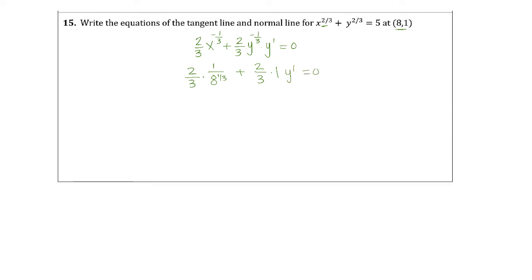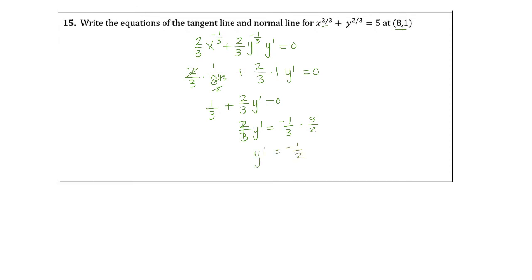So 8 to the 1/3 is 2, and that 2 cancels over here. So I have 1/3 plus 2/3 y prime equals 0. So solving this equation, it looks like I'm going to end up multiplying over by 3/2. So y prime is going to give us negative 1/2.